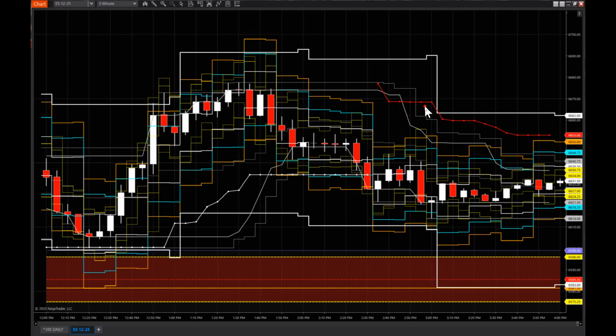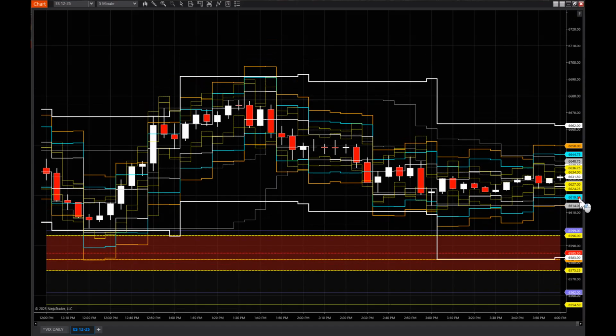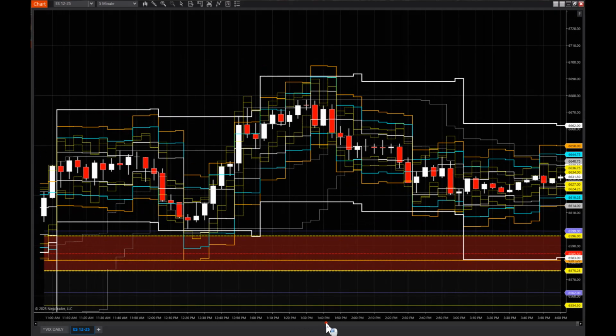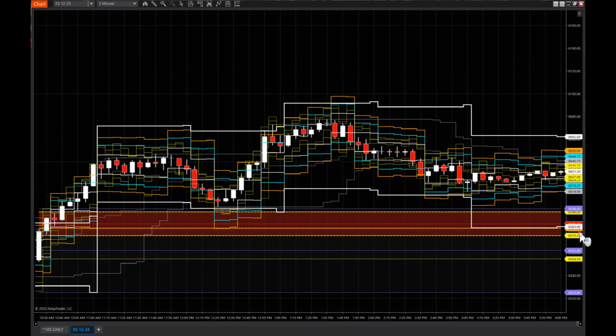I use min max. But say you wanted to use the JATS PT with the Donchian, you could set this up with different time frames to help you make those trading decisions.